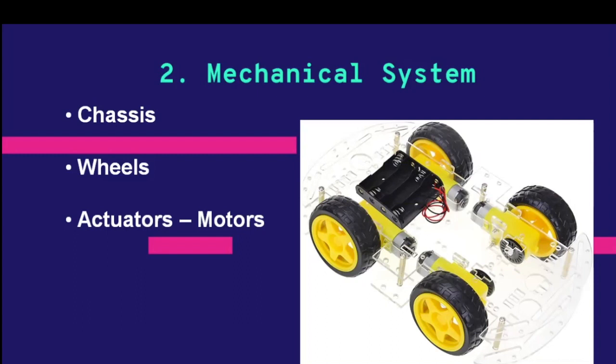These devices have the capability of converting electrical energy to mechanical energy, so that these robots can move about, right? So it is very important for a robot to have a mechanical system for locomotion.